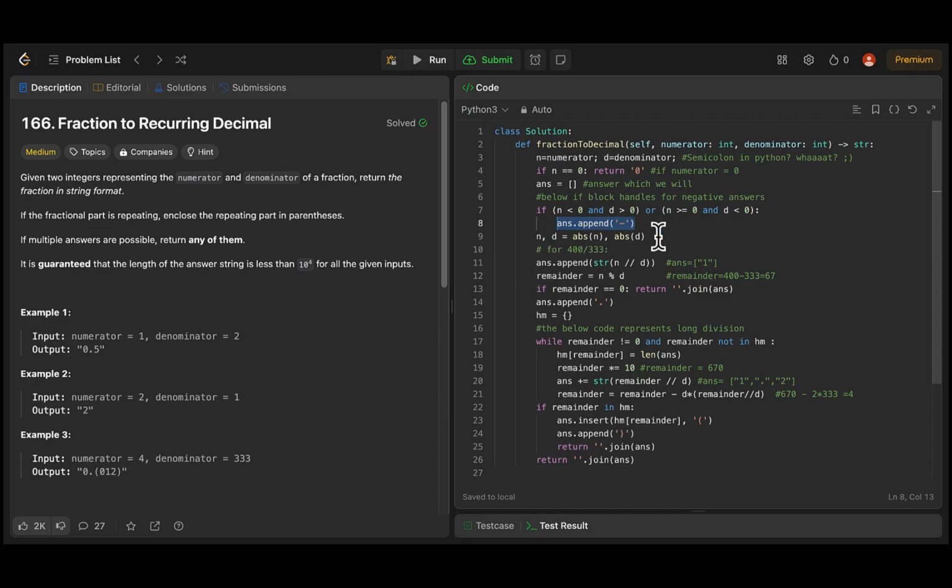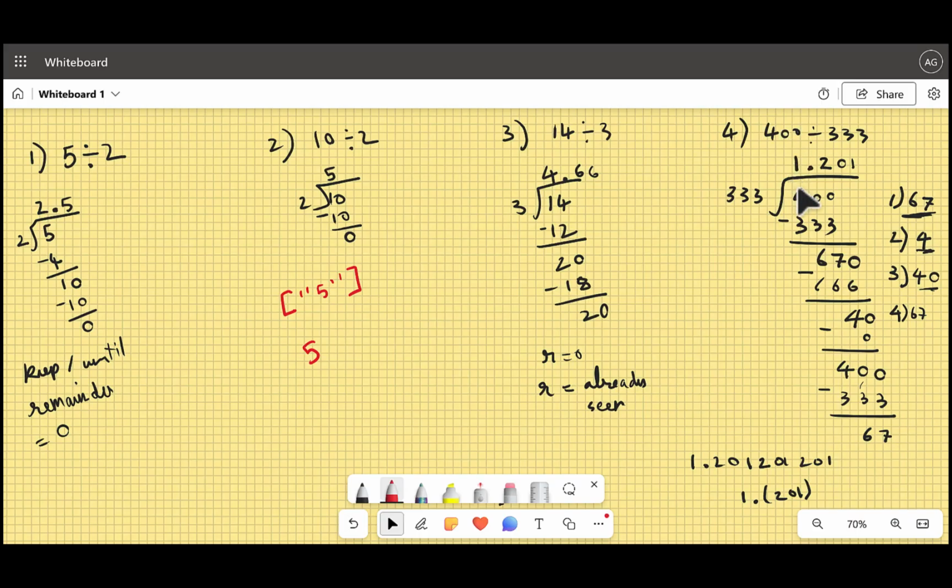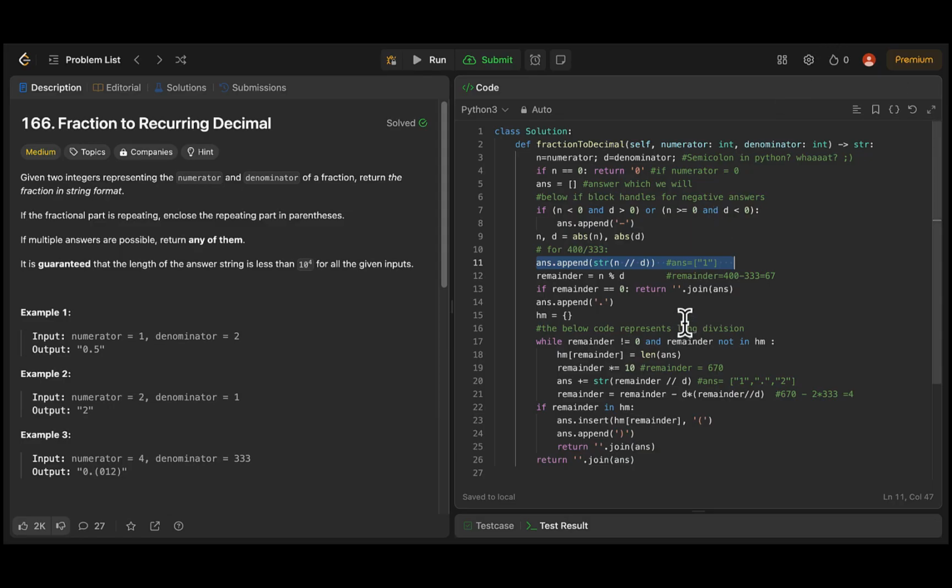Now let's run our code for 400 divided by 333. This part corresponds to 1 times 333 is 333, so it corresponds up till here, and our remainder is 67.